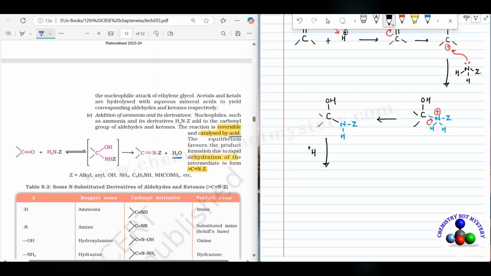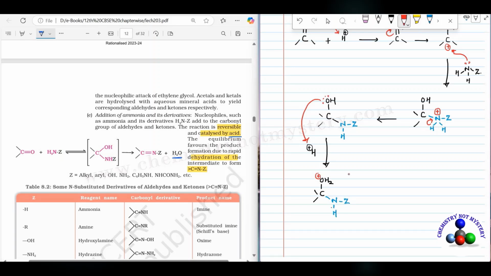So here there is H+, and now this oxygen gets protonated. It will abstract H+ from the reaction medium. So here you will get carbon and here OH2. Now this oxygen develops positive charge. And there were two free valencies and there was N. It was bonded to H and there is one Z group.